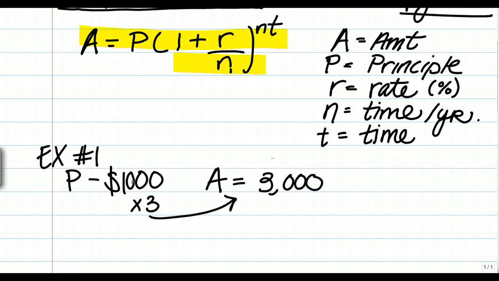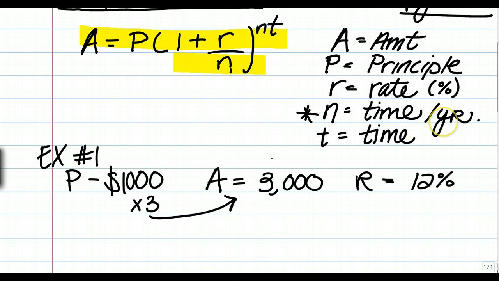So that means that if I multiply this by 3, I want to have made $3,000. So I want my investment to triple in value at an annual rate, your R, of 12%, compounded quarterly. And this is the part where I'm talking about the compounding.